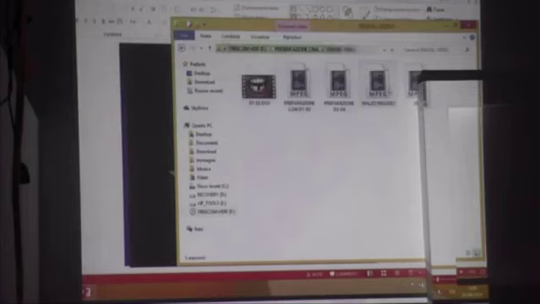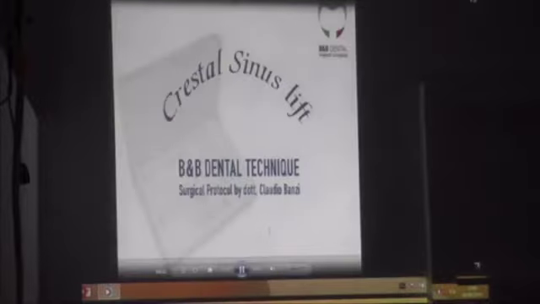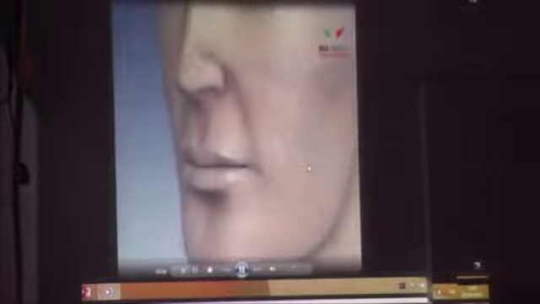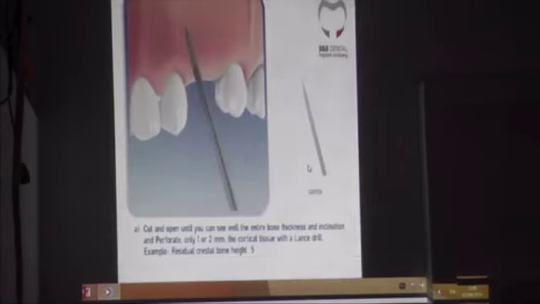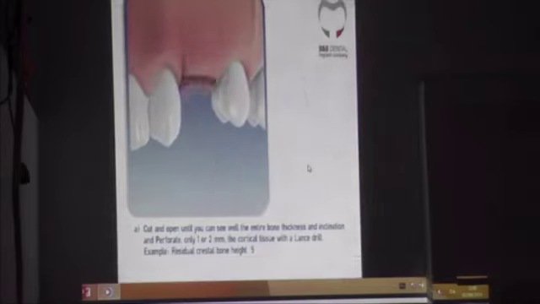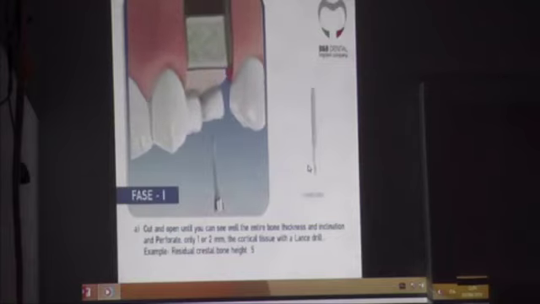Okay, this. When in the posterior area I don't have bone to insert the implant because I have 5-6 millimeters, I can use this system.